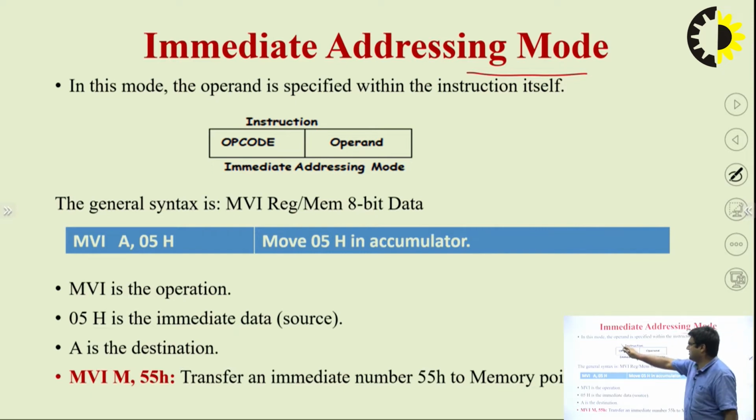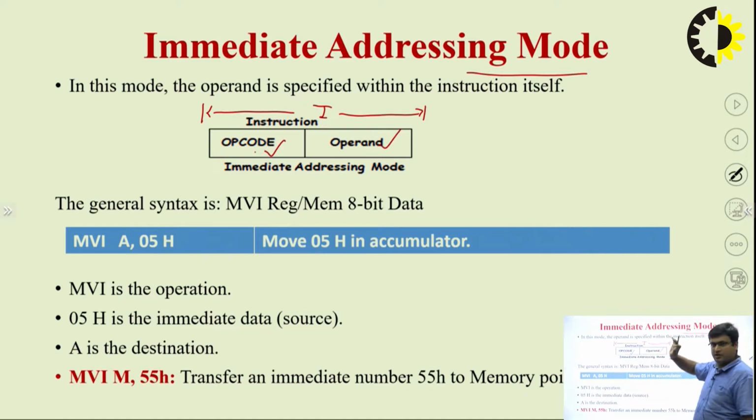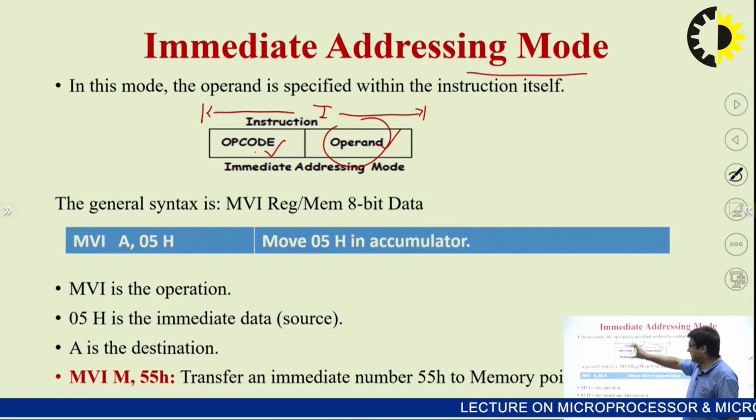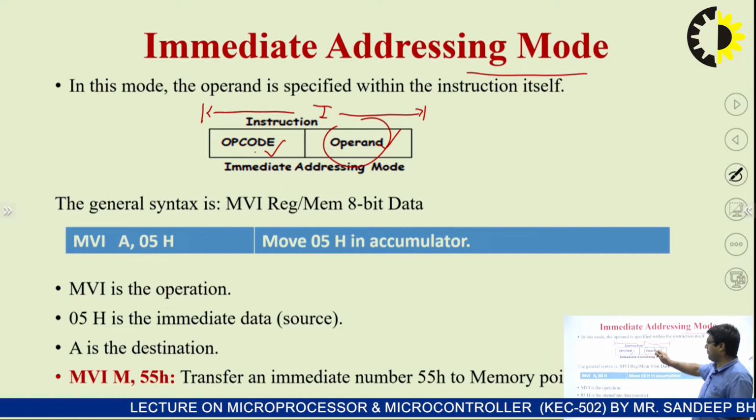In instructions there are two things, opcodes and operands. Opcodes tell about the operations the microprocessor has to do, and there are two operands, a source operand and a destination operand. How the operand is addressed by the opcode is called the addressing mode. In the immediate addressing mode, the operand will be a value.